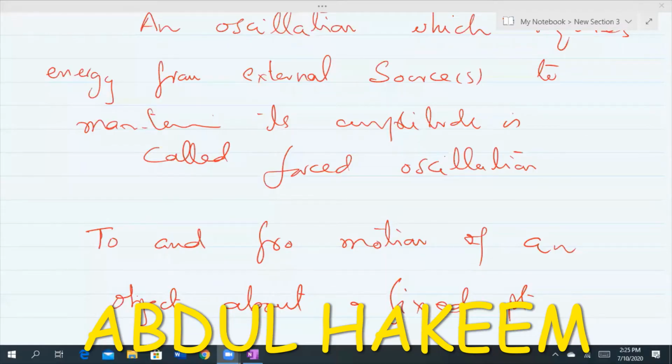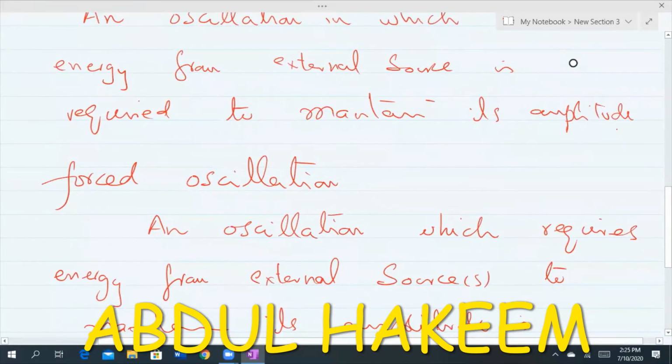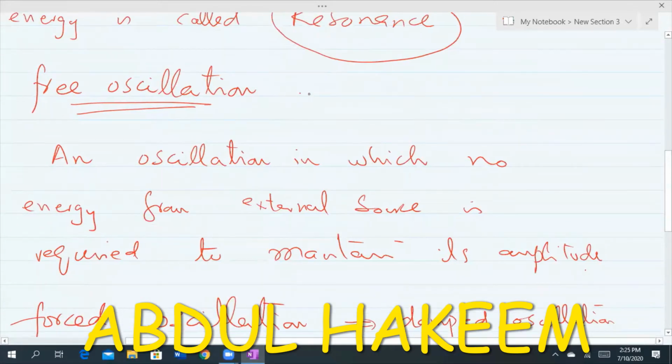Okay, now this forced oscillation is sometimes known as damped oscillation, and this free oscillation is sometimes called undamped oscillation.